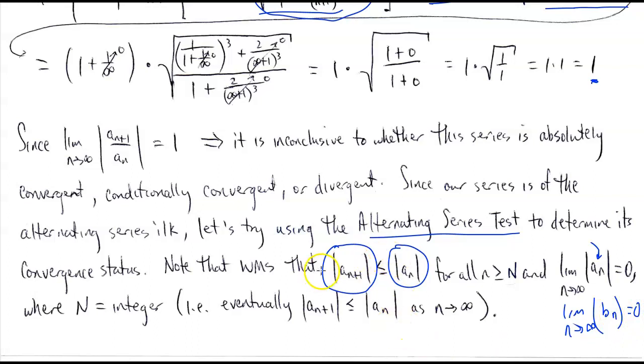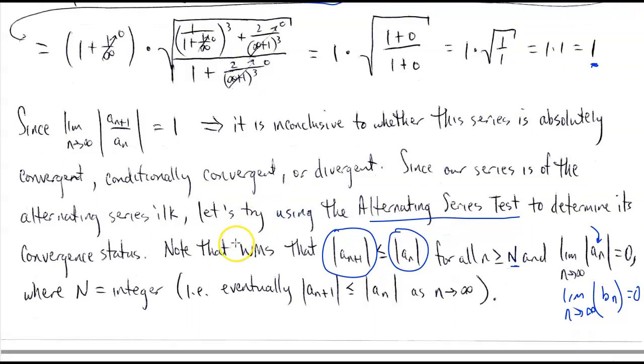Okay. So the first thing that we'll do is verify that the absolute value of a sub n is larger than the absolute value of a sub n plus 1 for all values of n greater than some natural number. So essentially what we're trying to say is that we want to see that a sub n ultimately decreases if we strip out the alternating sign factors of it.